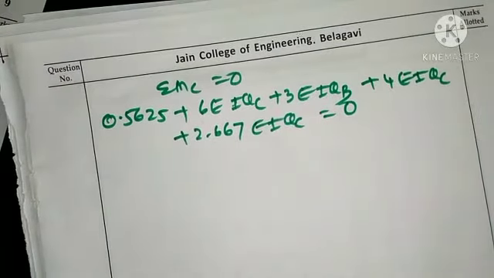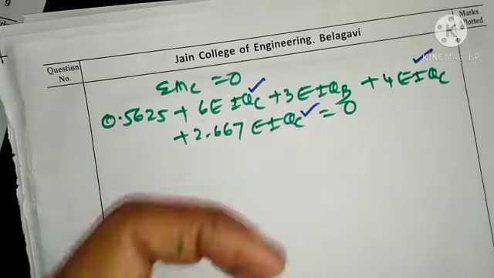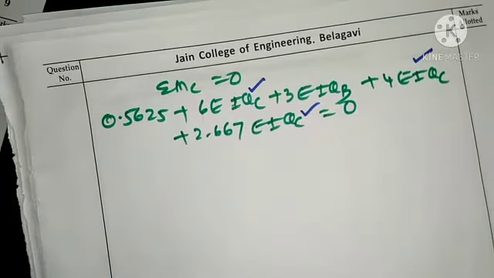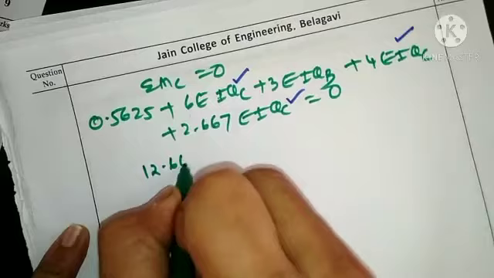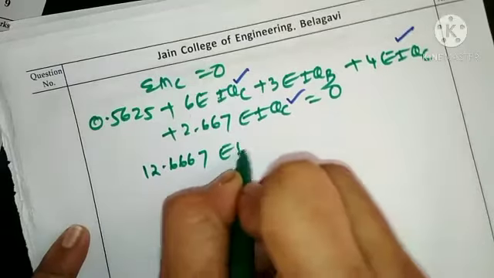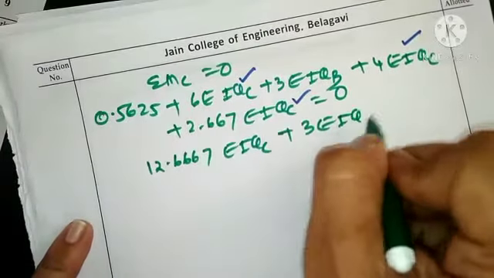Now we need to take up the like terms, that is theta C, theta C, theta C, which will be 6 plus 4 will be 10, 10 plus 2.667 will be 12.667 EI theta C. Next plus 3 EI theta B.